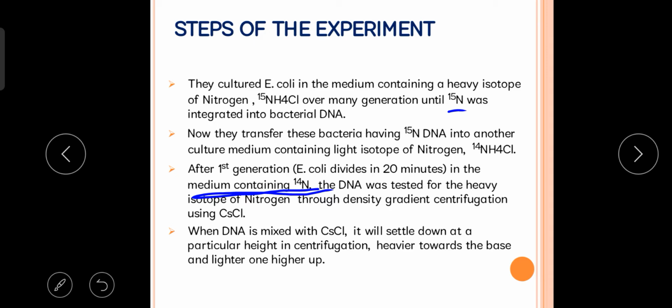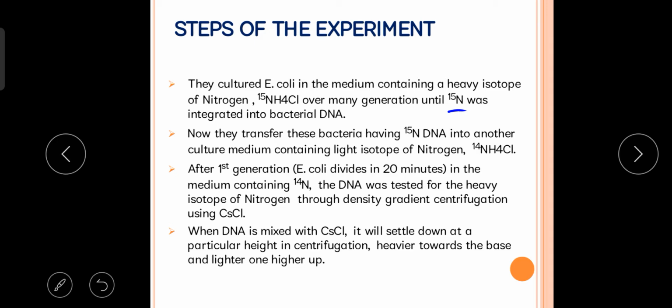When the cell divides in 20 minutes, in the first 20 minutes after transferring into the new medium, after first generation, the E. coli divides in 20 minutes, remember, in the medium containing 14N.